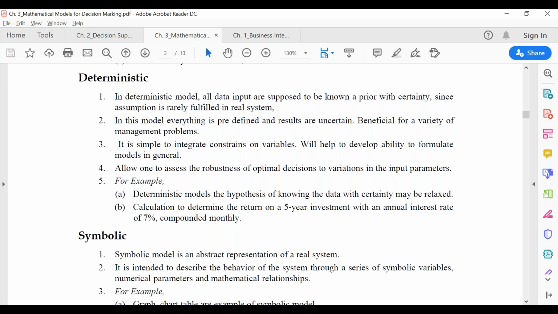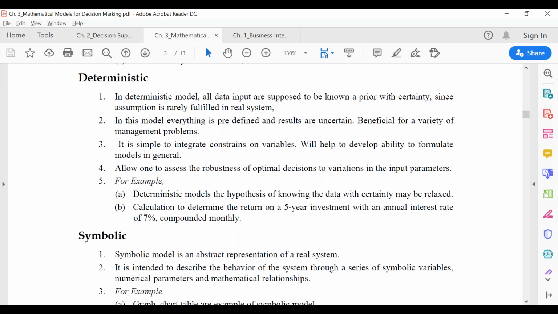So they are based on the prior probability of the scenario and could also be over the posterior probability of the scenario. In these models, everything is predefined and the results are certain, beneficial for a variety of management problems.